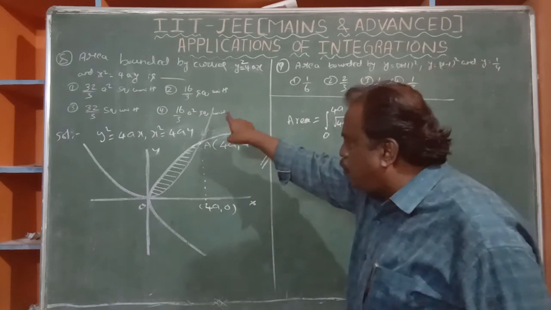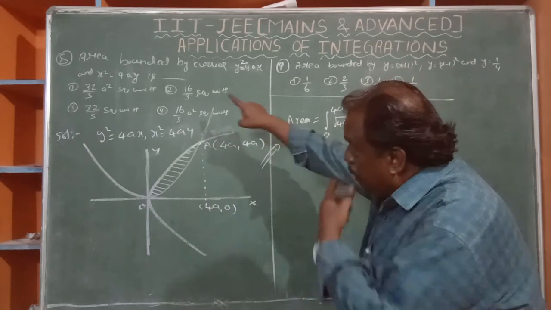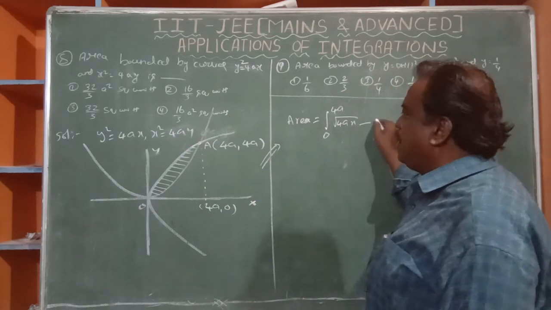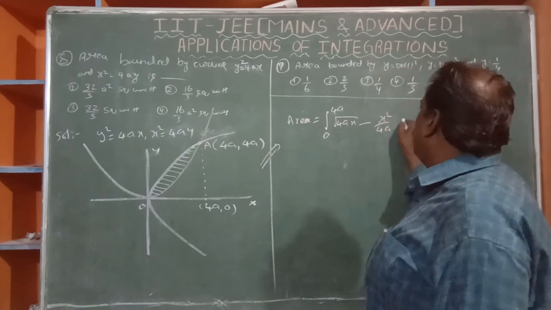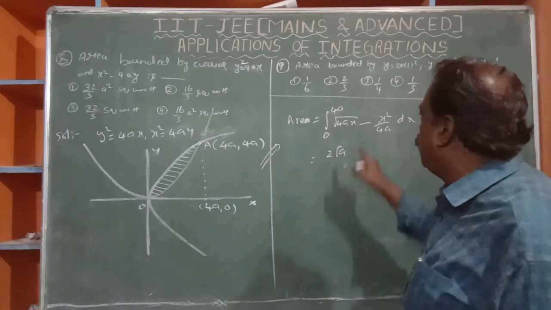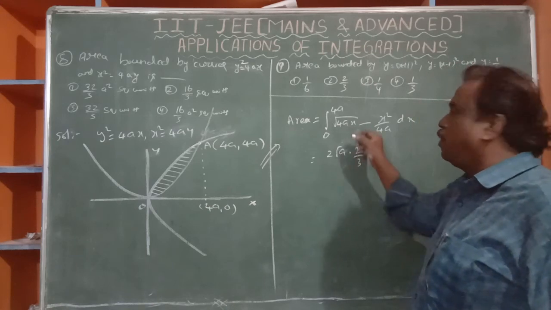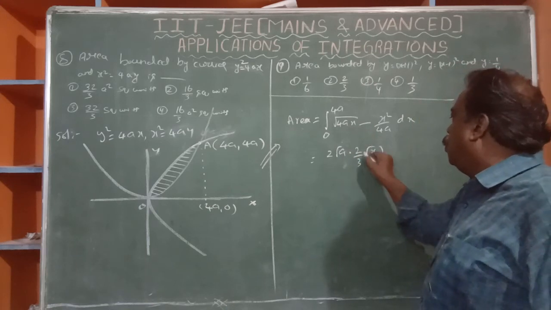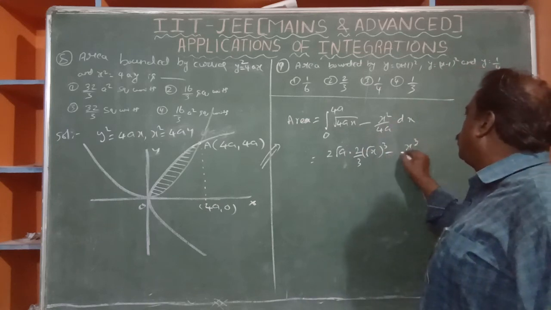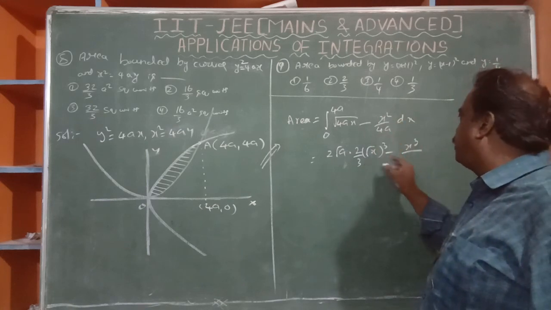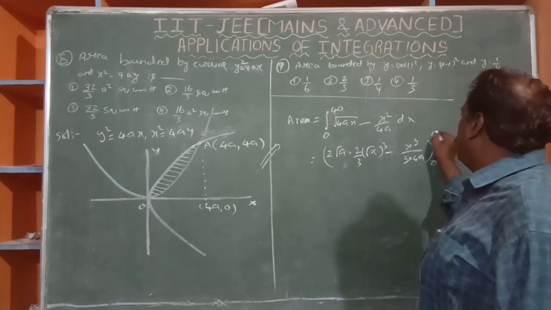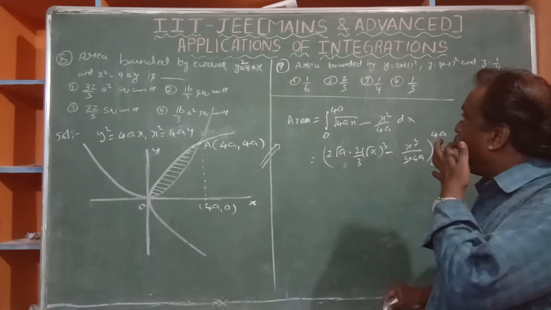The second curve is this one, y is equal to x square by 4a, dx. The integration of root x is 2 by 3 x root x. For x square, it is x cube by 3 into 4a, with the limits 0 to 4a. Okay, right.